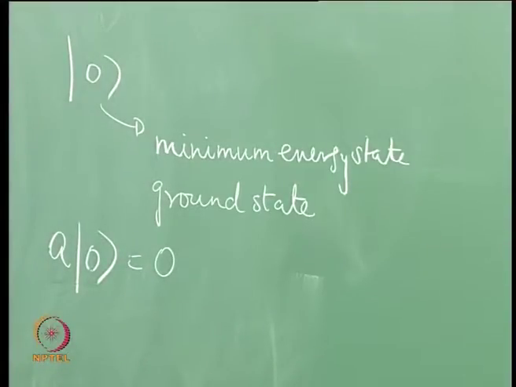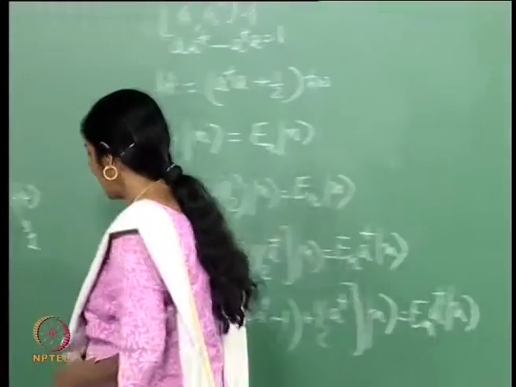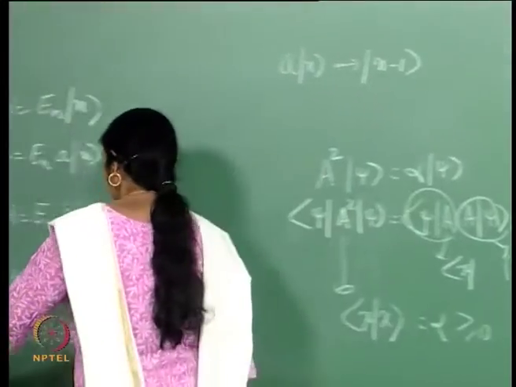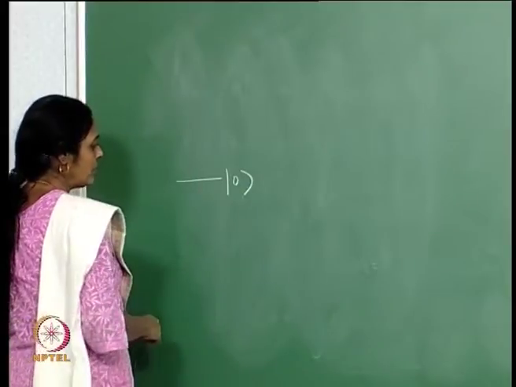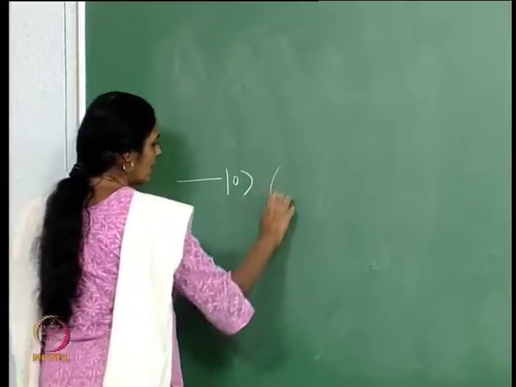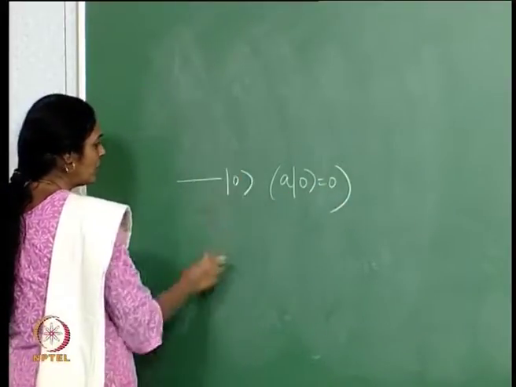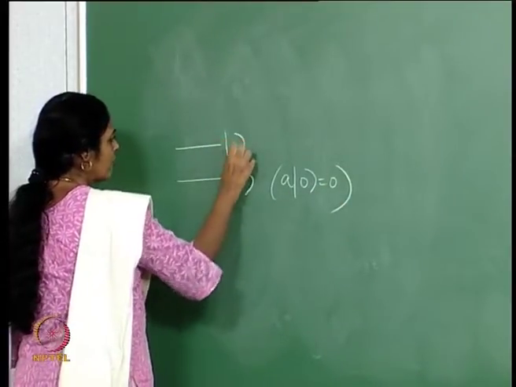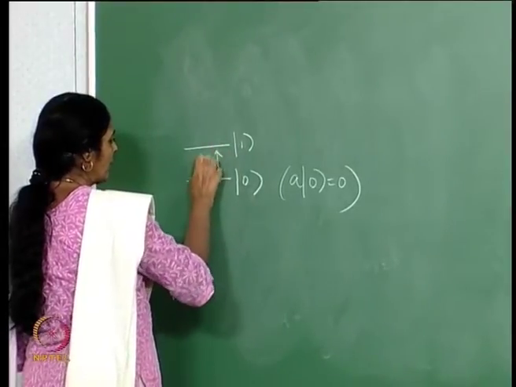So it looks like the states are equally spaced. So basically I have a ground state for the oscillator, which is ket 0. This is the state on which A acts to give me the number 0. Then there is a first excited state. I went here by using A dagger.